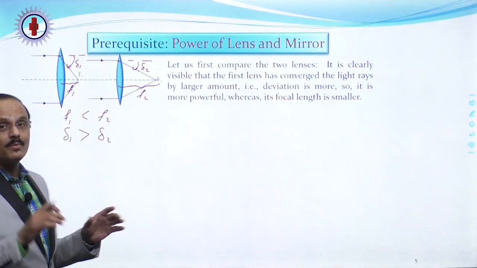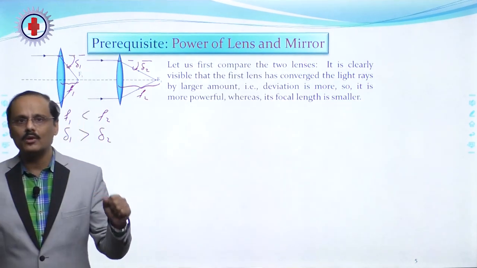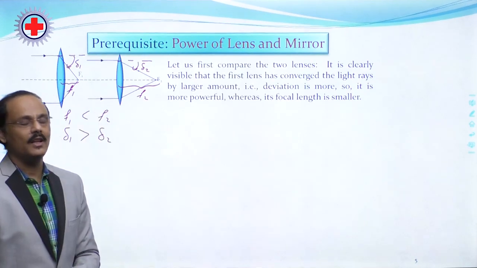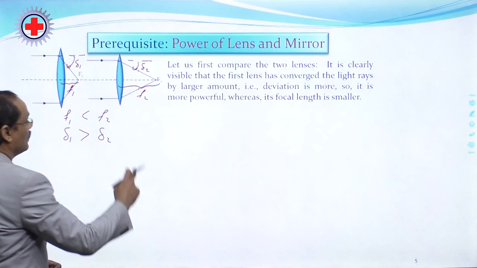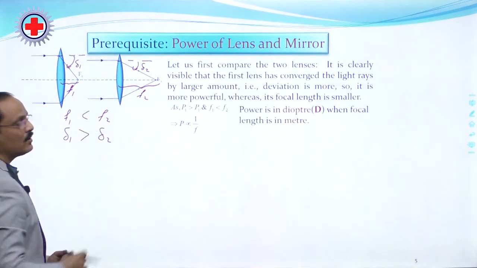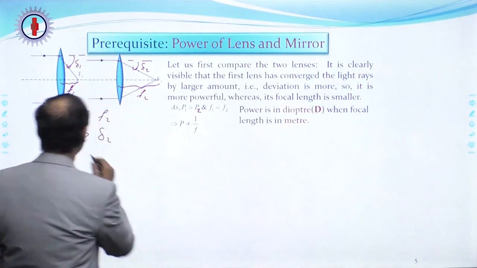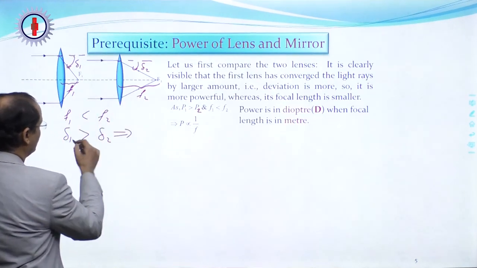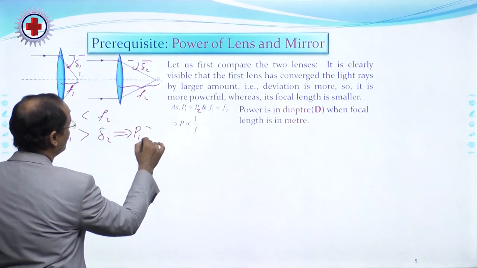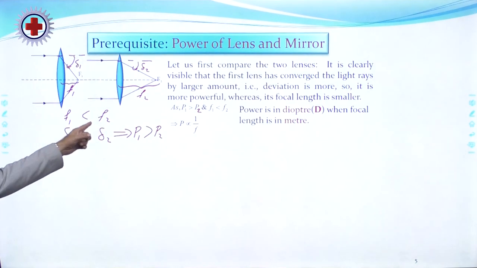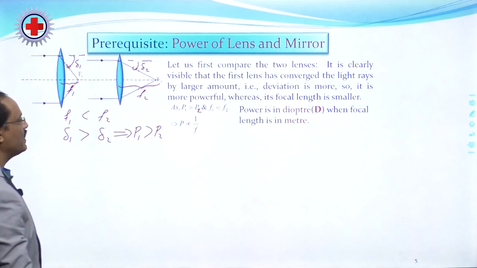So lens 1 is more powerful as it could bend light by larger amount, lens 2 is less powerful. Here P1 is greater than P2. So we could write as deviation is more, lens is more powerful, P1 is greater than P2. You could see f1 is less than f2 and P1 is greater than P2.